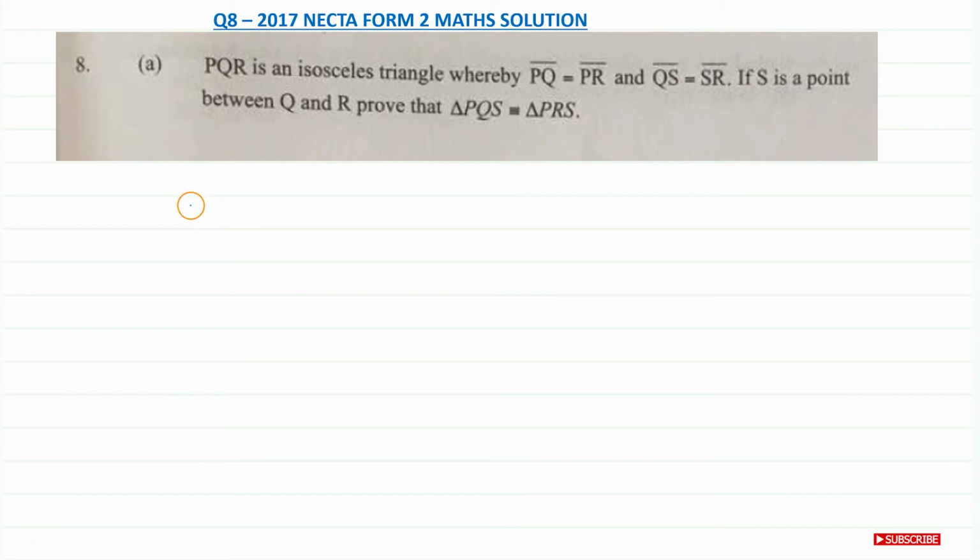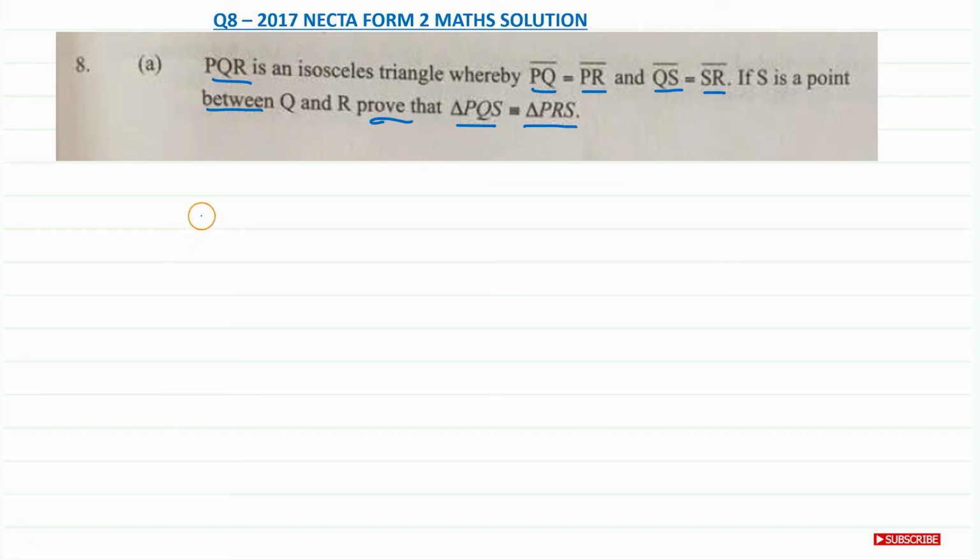Hi, now we have question 8a. We're told PQR is an isosceles triangle whereby line PQ is equal to line PR and line QS is equal to line SR. If S is a point between Q and R, prove that triangle PQS is equal to triangle PRS.